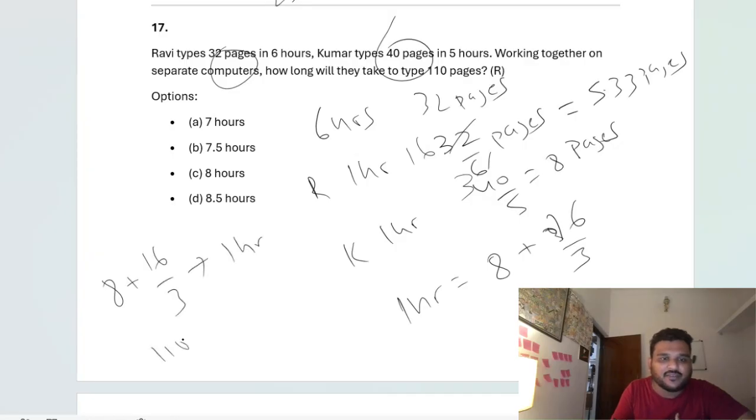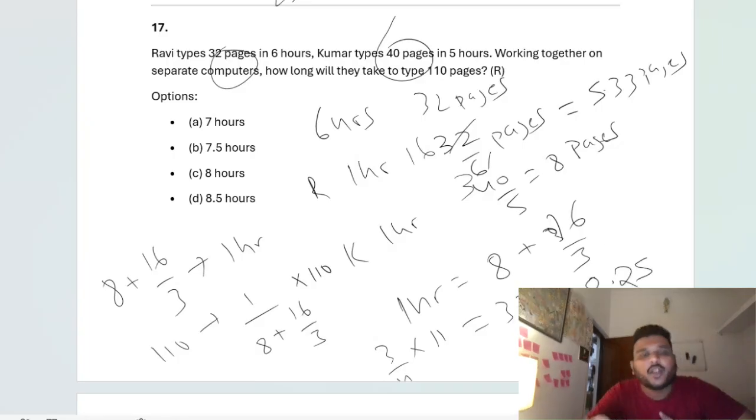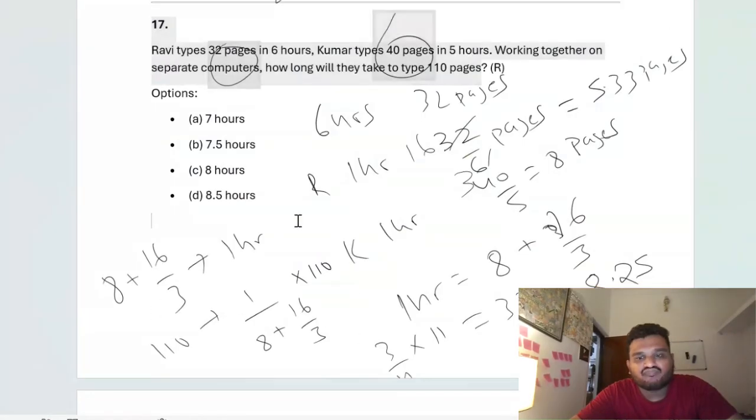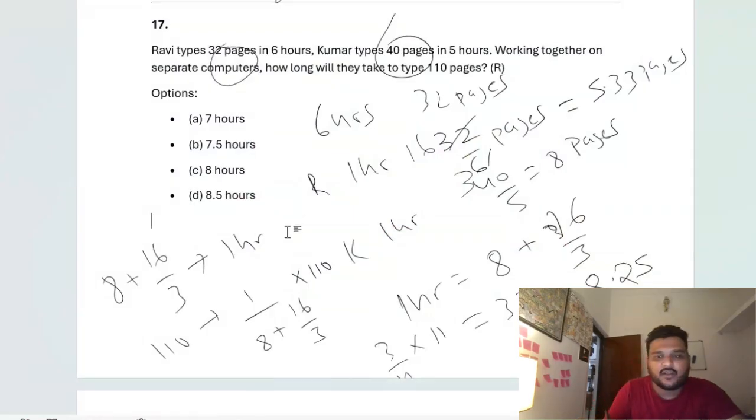For 110 pages they will take 1 upon 8 plus 16 by 3 into 110. So 24, 30, 40, 3 by 40 into 110, 33 by 4, or approximately 8.25. So again the option is not there, but this is the way to solve, and 8.25 is the right answer.